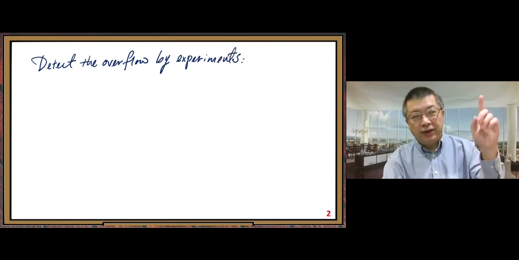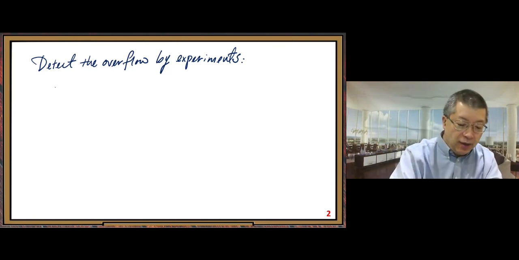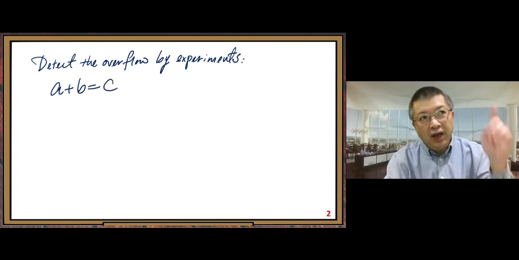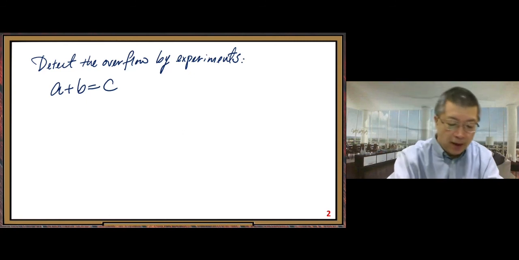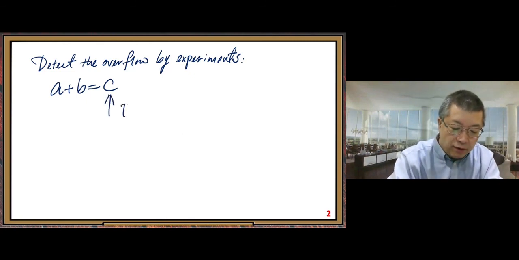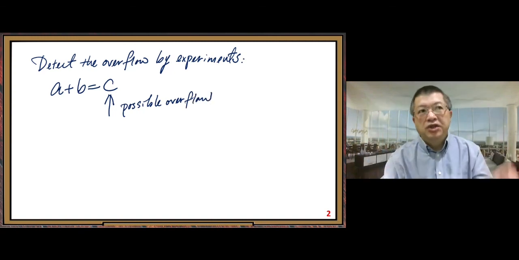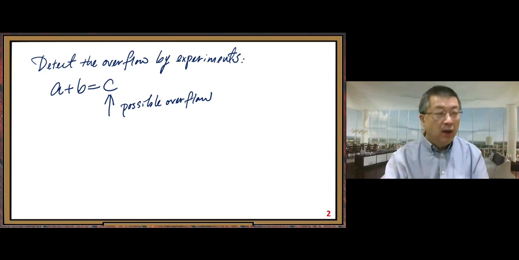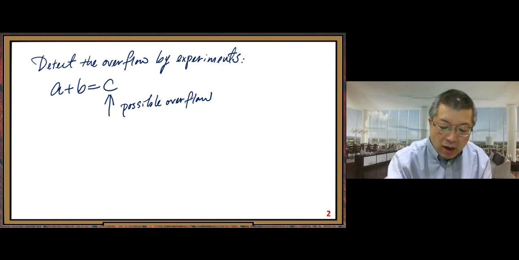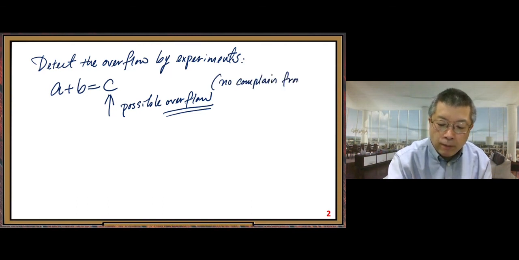How do you detect it? So here, we do an A plus B equals C operation, right? A plus B equals C. There is a possible overflow here. Sometimes you have it, sometimes you do not have it. So it's a possible overflow. But in Java, when you have an overflow, no complaint from the machine.